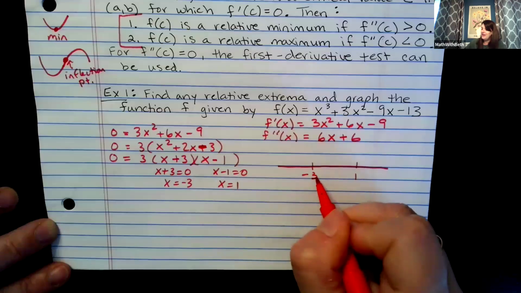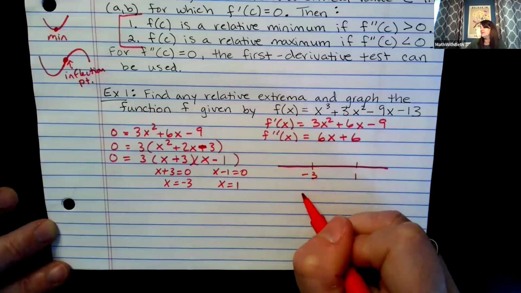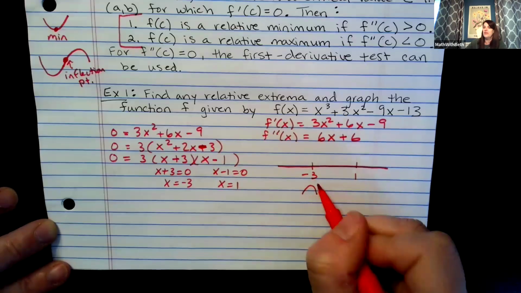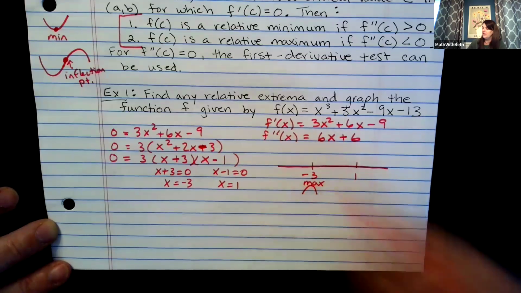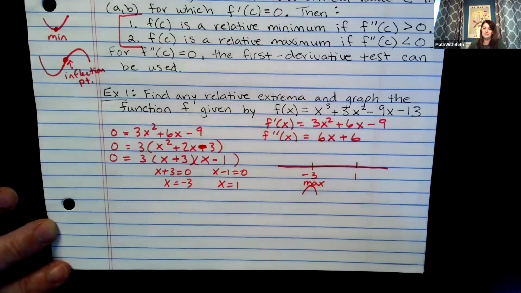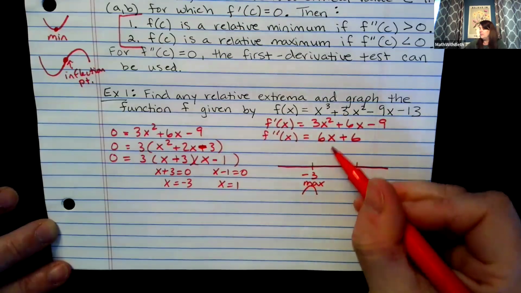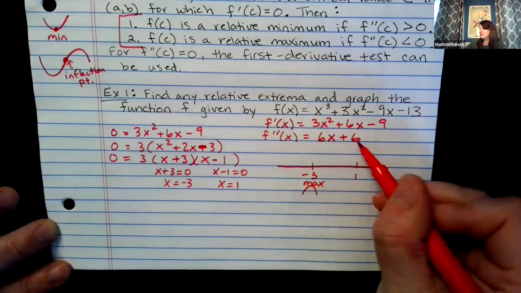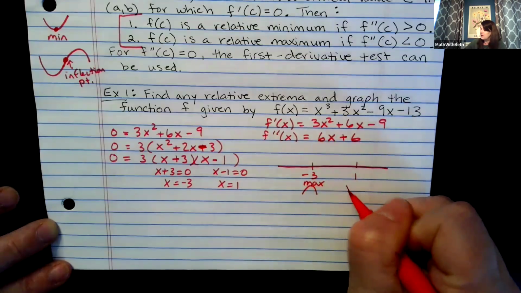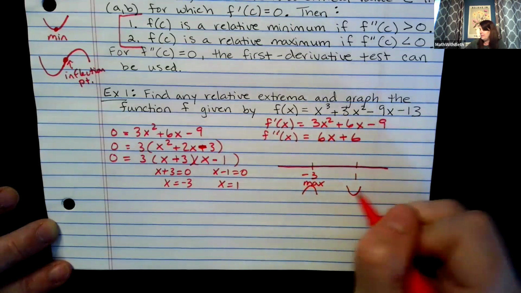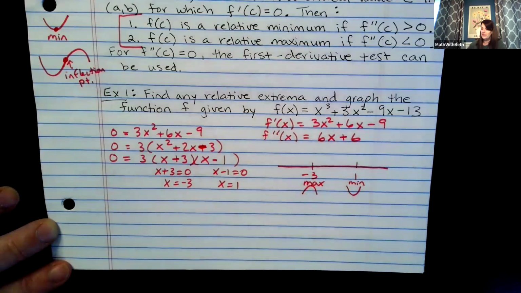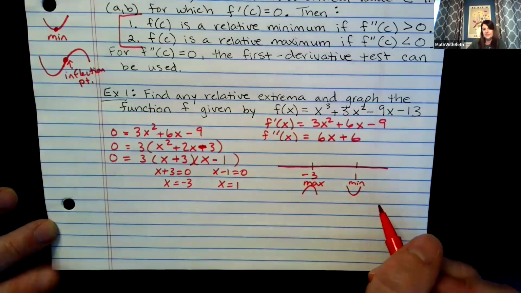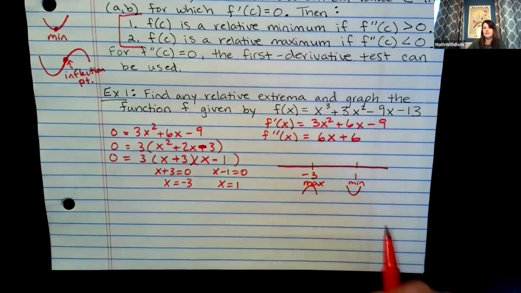So at -3, we are concave down, which tells me -3 must be a relative max. If I plug in +1, I would get 6 plus 6, which is 12. So it must be concave up there, which means that is a relative min. So this is just another way to do the max and min.